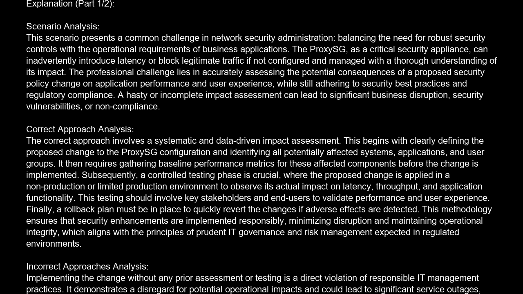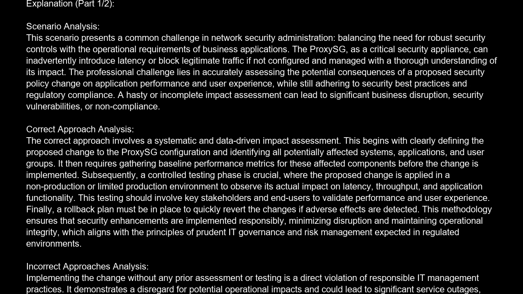Correct approach analysis. The correct approach involves a systematic and data-driven impact assessment. This begins with clearly defining the proposed change to the ProxySG configuration and identifying all potentially affected systems, applications, and user groups. It then requires gathering baseline performance metrics for these affected components before the change is implemented.